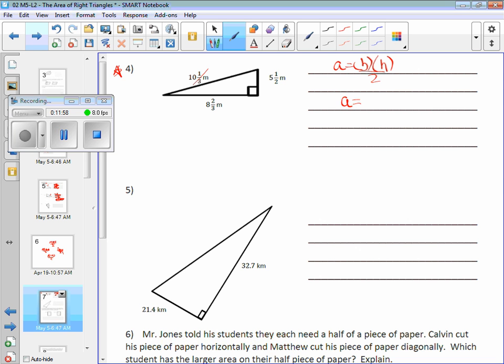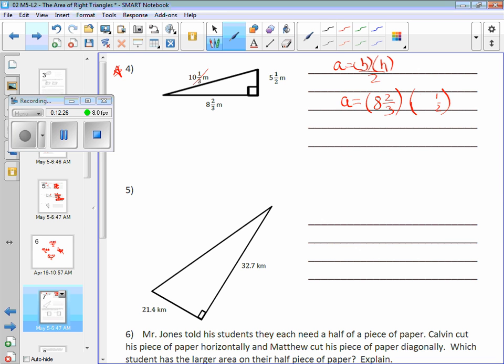Right, 2/3 is a repeating decimal, and you cannot express that as a terminating decimal. So what you have to do is leave that as 8 2/3. And unfortunately, you can't mix and match. You can't make one a mixed number and then leave this 5.5 as a decimal. So you've got to change that too. Oh, I'm sorry, 5.5.